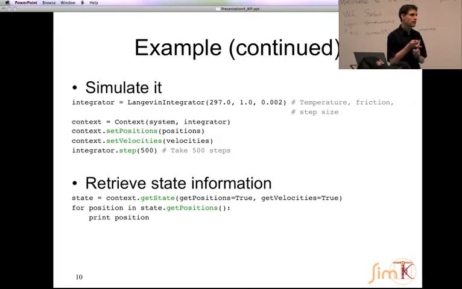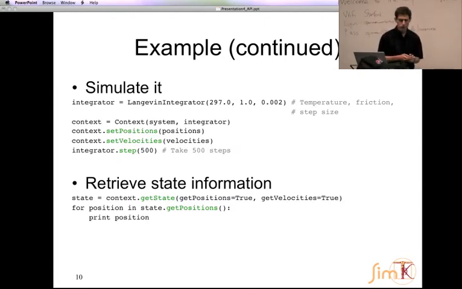We've also got a plugin that's an RPMD integrator. I don't know if you're familiar with ring polymer molecular dynamics. We've got an integrator that does that. And in fact, in my next talk, I'll be telling you about CustomIntegrator, which is a way you can implement pretty much arbitrary integrators. Each of them has its parameters, right? Yeah. For Langevin, you have temperature, friction, and time step. And for others, they have their own parameters.